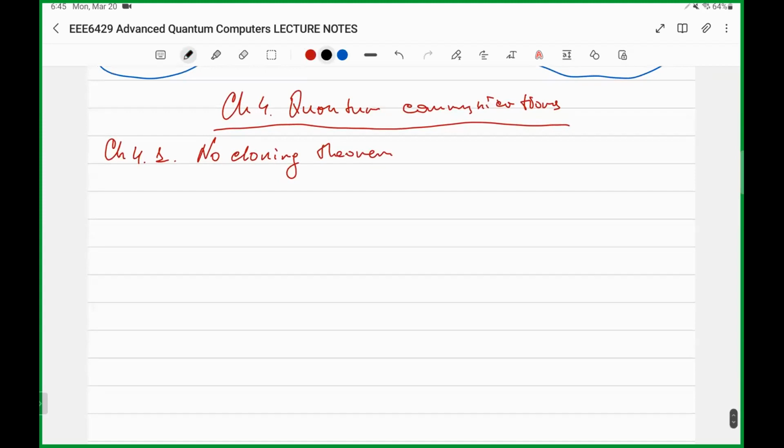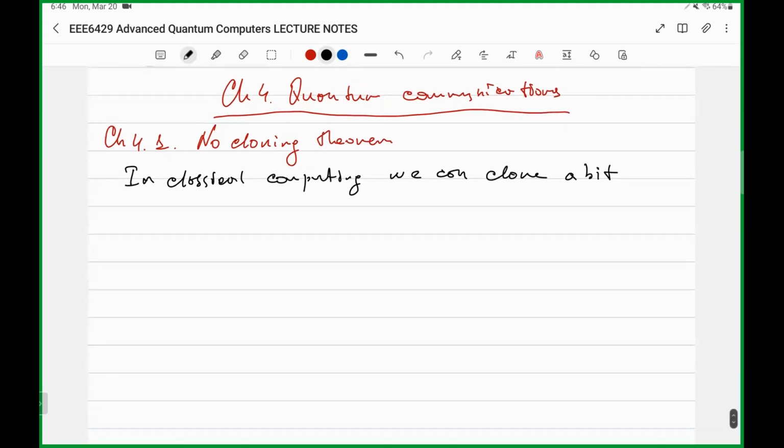Let's maybe write this down because it's maybe quite important. So in classical computing, we can clone a bit, and then, for example, send this clone to the memory, or proceed this somehow, whatever.